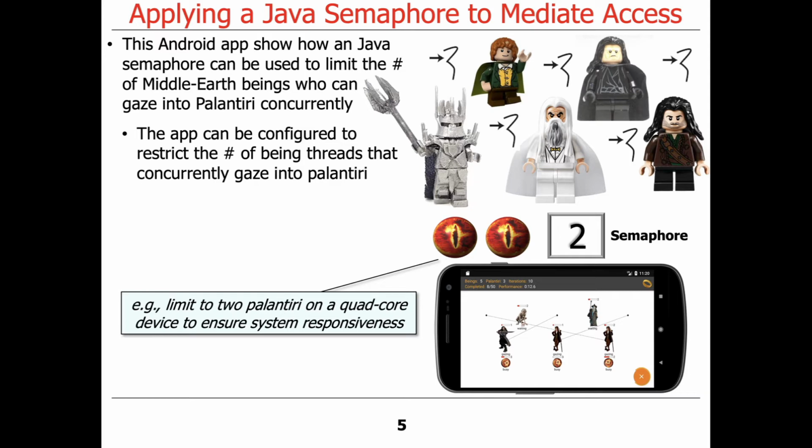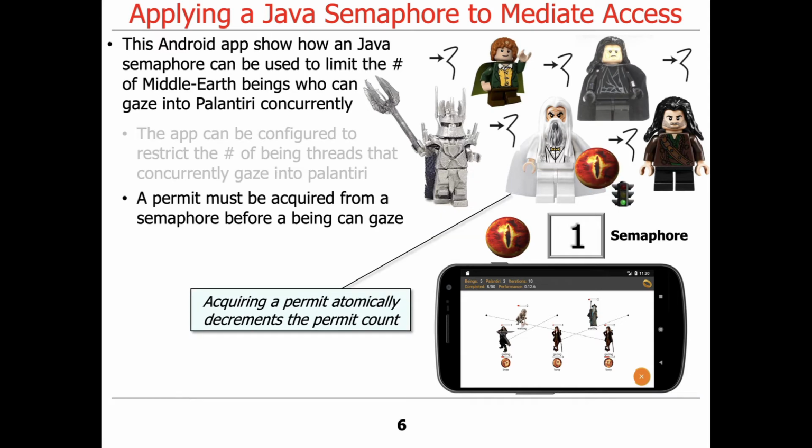So we're going to limit the number of resources that can be used concurrently at any given time. So in this case, we're going to have a semaphore with a count of 2. And the way that the protocol works is a being must acquire a semaphore, which is pegged to the number of Palantiri, before it can begin to gaze.